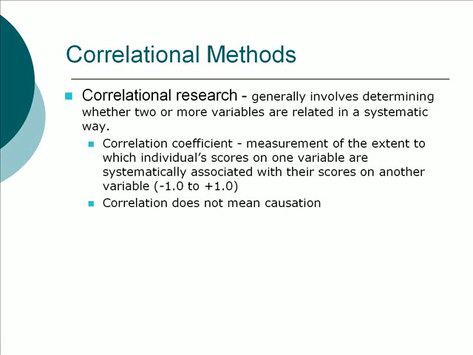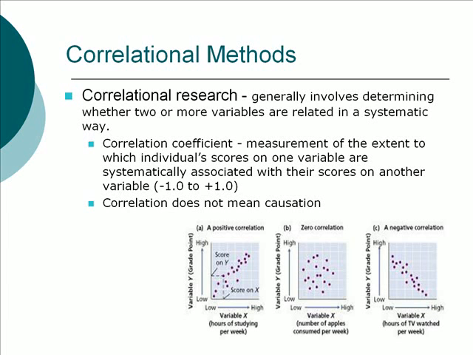The reality is that when children are getting older, their feet grow, and so do their academic skills. It has nothing to do with your foot and your achievement, but there is still a correlation. So a correlation is really just talking about the relationship between the two variables, not the cause. Hopefully that's been drilled into your head now, and I only beat the dead horse a little longer.